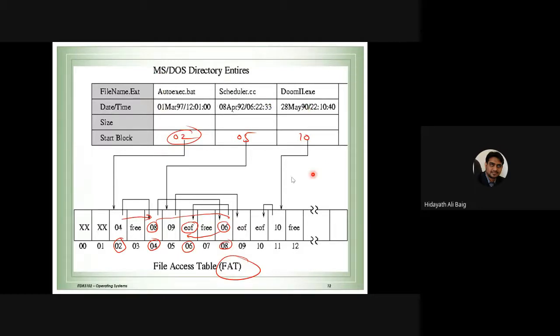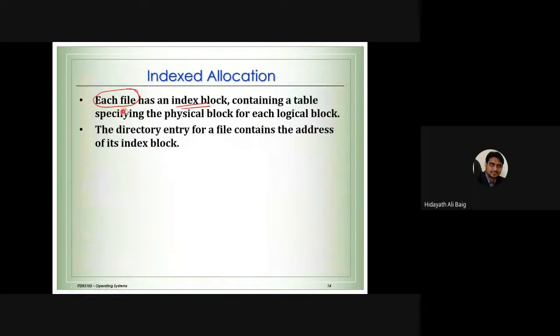For the whole book there is one big index. But what we are telling here is, for each chapter or each file there is an index block. What does it contain? It contains a table, like the book index table, specifying the physical block for each logical block. The directory entry for the file contains the address of its index block.